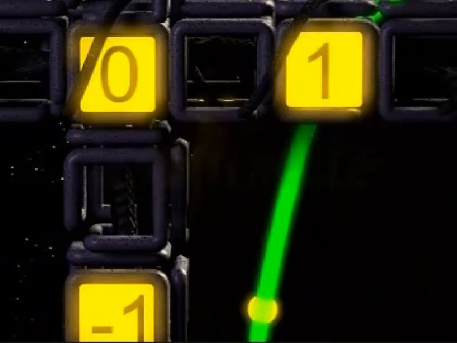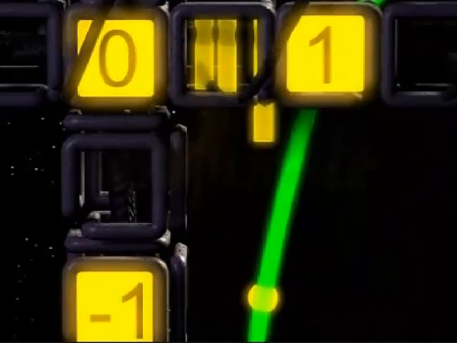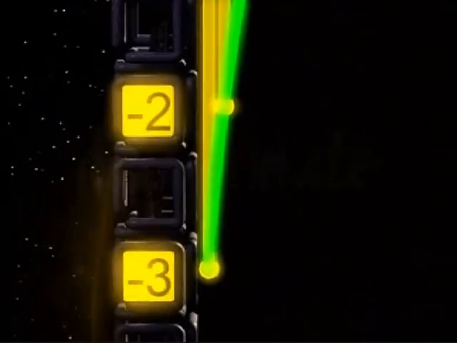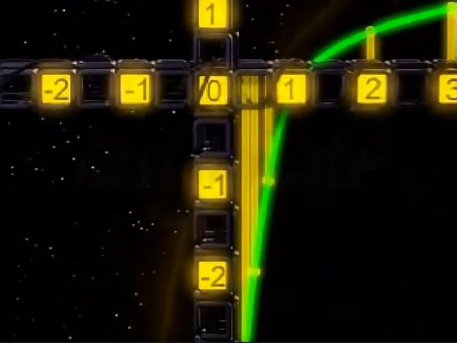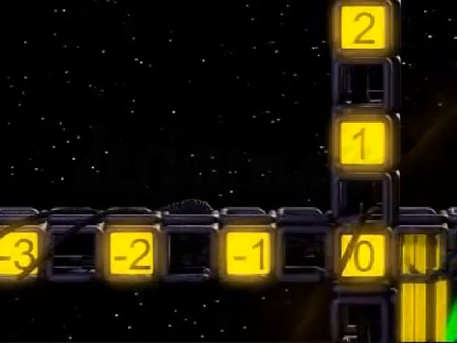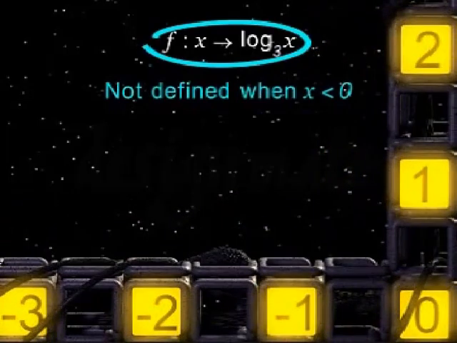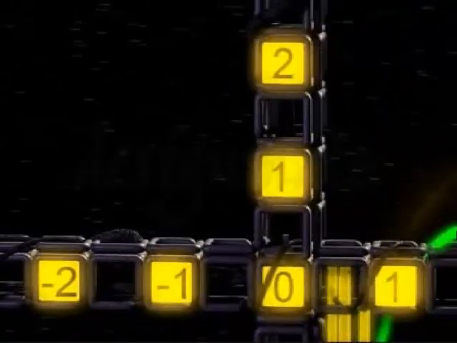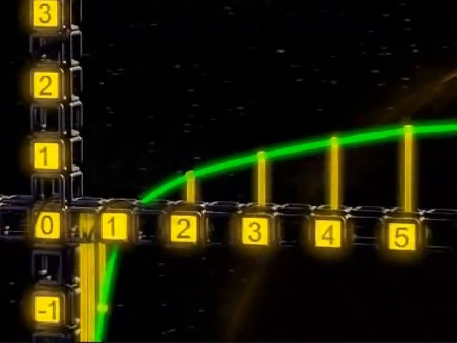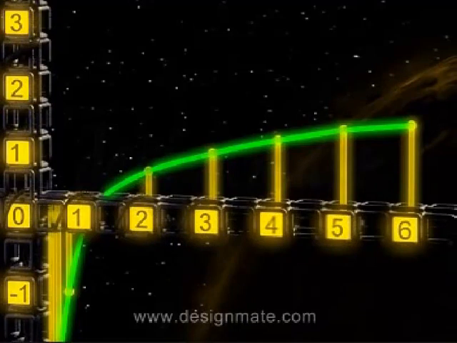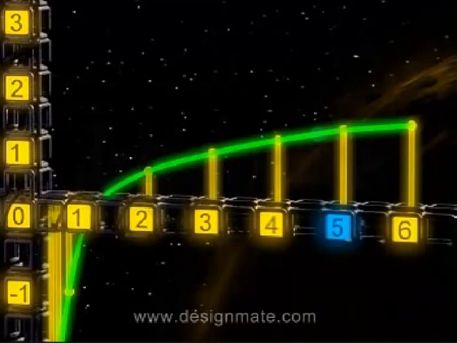And for 0 less than x less than 1, it is negative. Moreover, the logarithmic function f is not defined when x is less than 0. The value of log x to the base 3 increases as x increases.